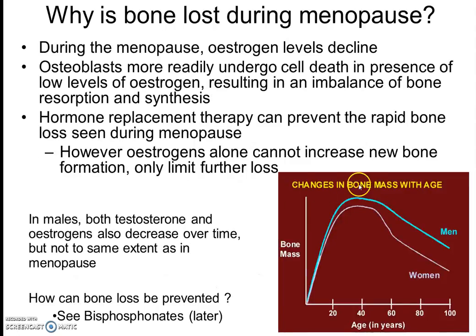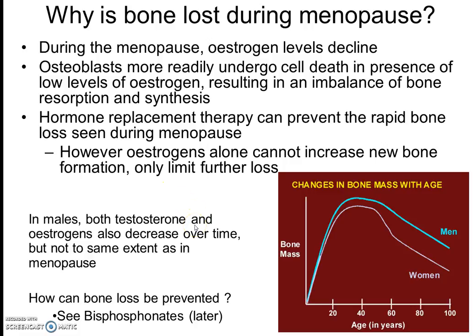Looking at the changes in bone mineral density with age, once you get beyond 40 both men and women lose bone mineral density, but it's much more marked in women post-menopause or during the menopause. This is thought to be down to estrogen levels in particular.